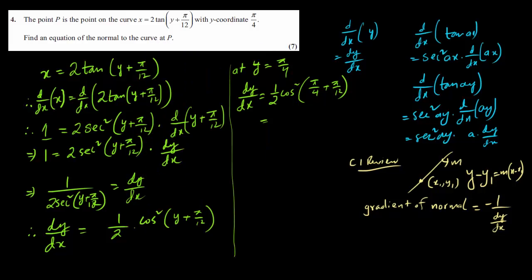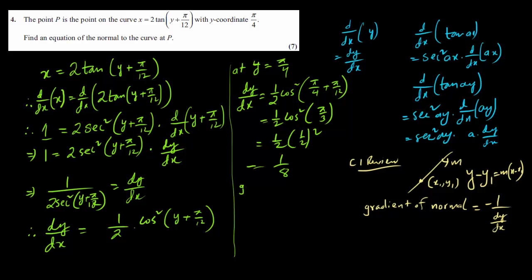So pi by 3 is 60 degrees. So this is half cos squared pi by 3. Now cos 60 degrees is half, so this is going to be half into half squared. So this would be 1 by 4 into 2, 1 by 8. That is the gradient of the curve.